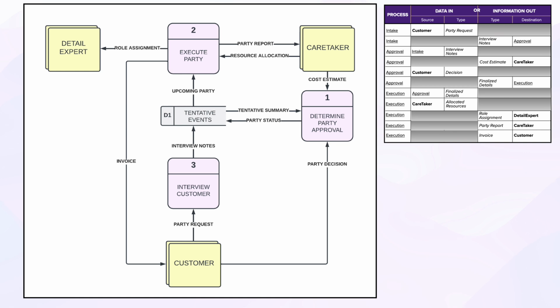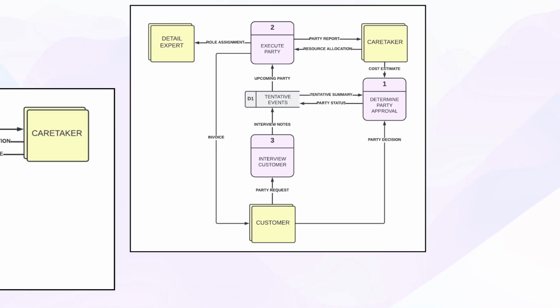Typically it's helpful to start with your level 0 diagram because you're showing those highest level business processes. And from there, it's pretty easy to move to a context level diagram.